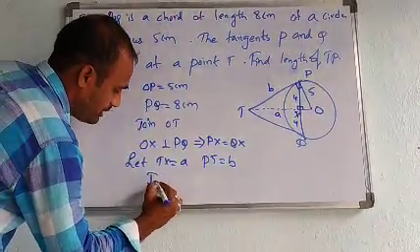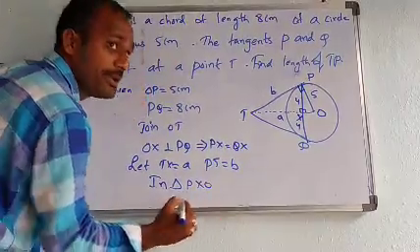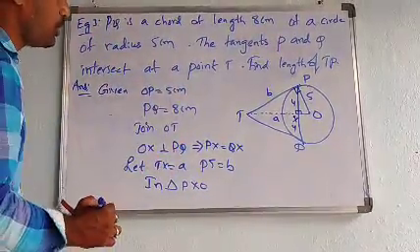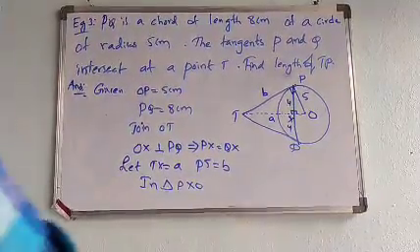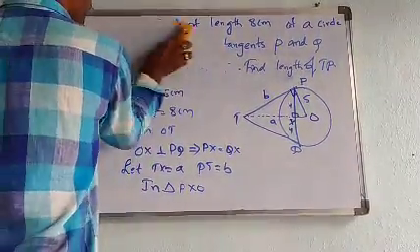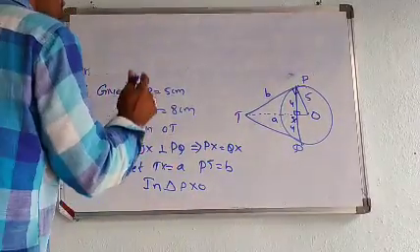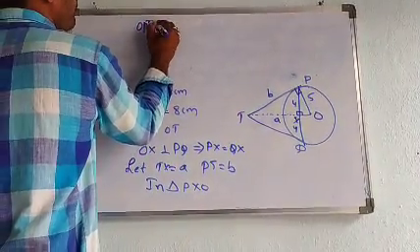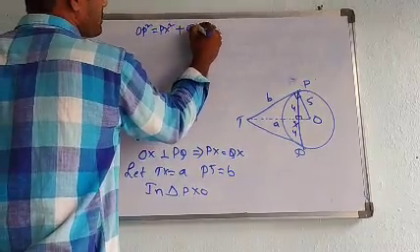So if you take triangle PXO, that is a right angle triangle. In this triangle PXO, the hypotenuse is OP. So OP square is equal to PX square plus OX square.